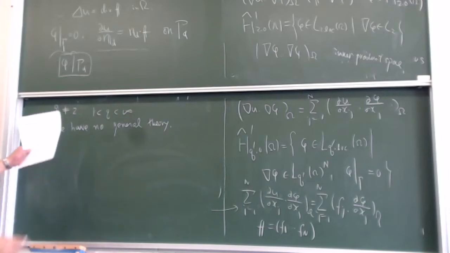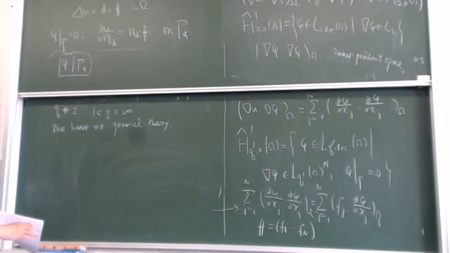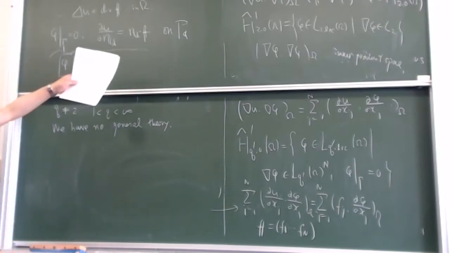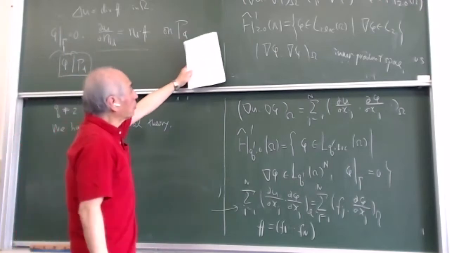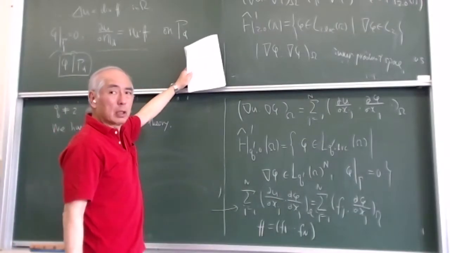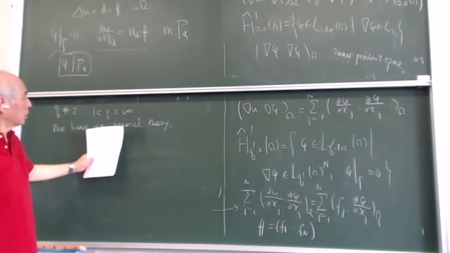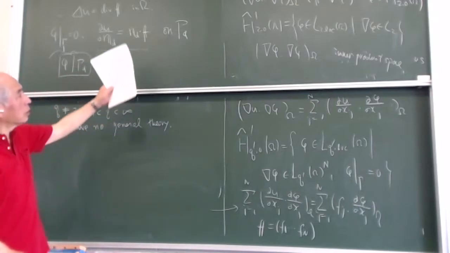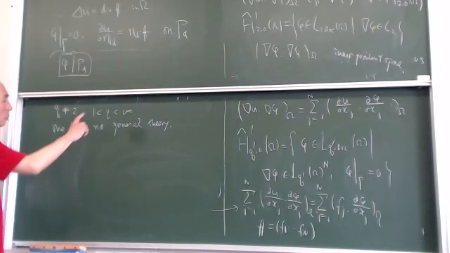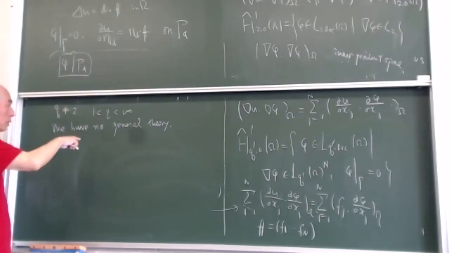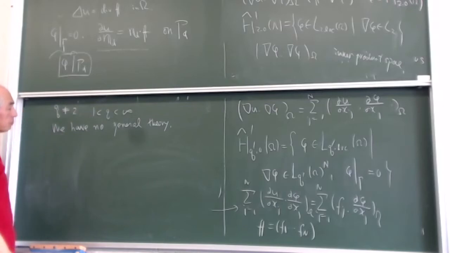So when you want to consider the Navier-Stokes equation, first you have to consider this weak Dirichlet-Neumann problem. And then you have to show the unique existence theorem for this weak Neumann-Dirichlet problem.